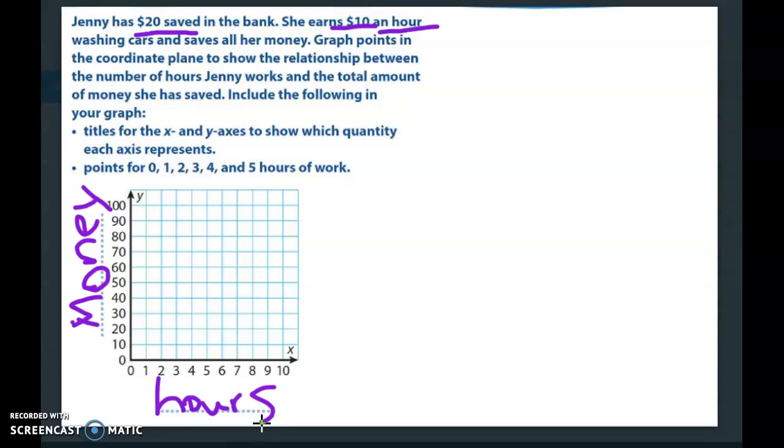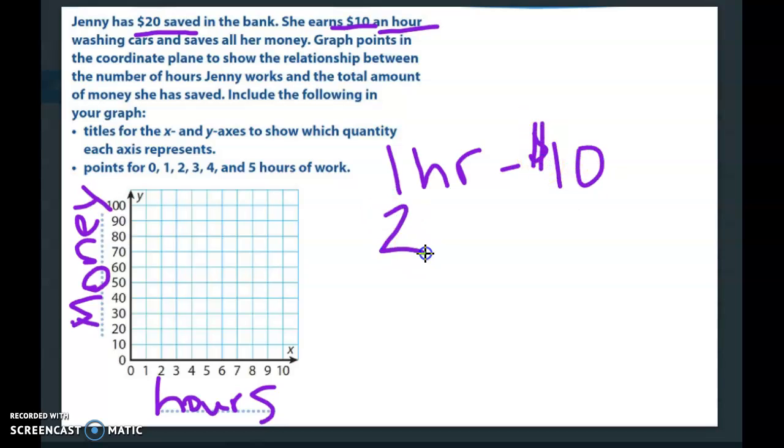So for 1 hour, how much money would Jenny earn? She earns $10. What about 2 hours? Because remember, I've got to go up to 5 hours of work. She earns $20.